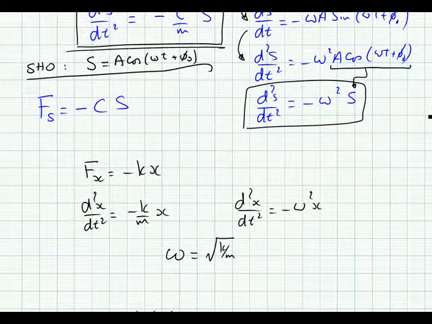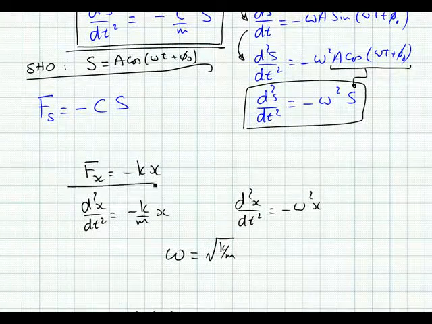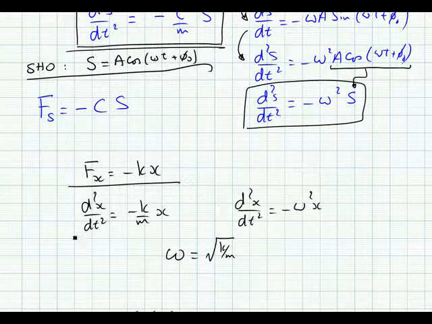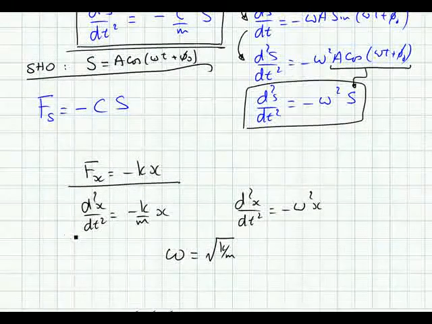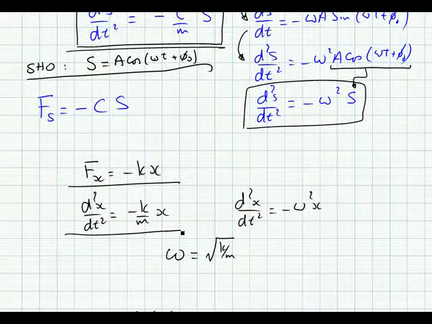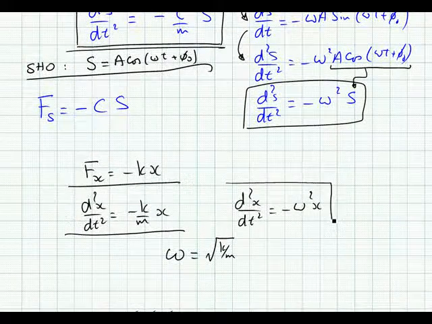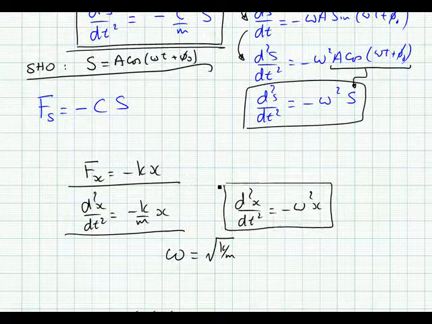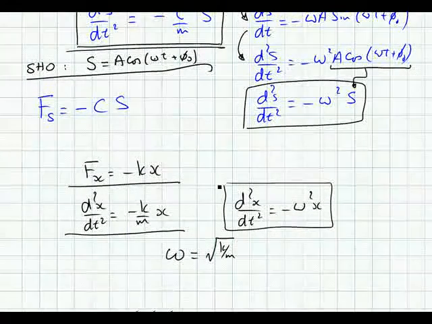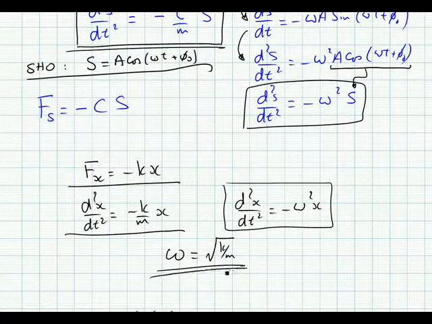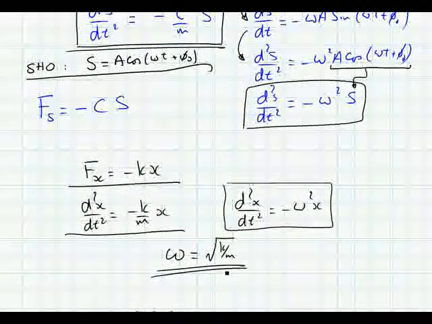Now in the case of the spring force, the restoring force is given by Fx is equal to minus kx. So the acceleration d2x dt squared is minus k over m x. But we said that the simple harmonic oscillator is to follow this equation, d2x dt squared is minus omega squared x, which gives us omega is equal to the square root of k over m.